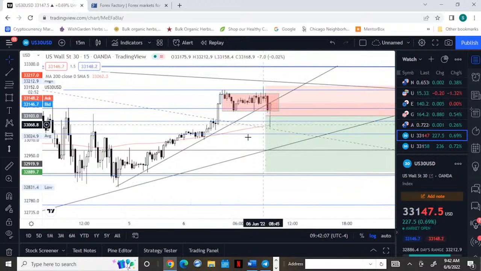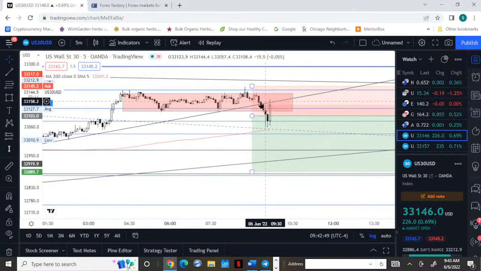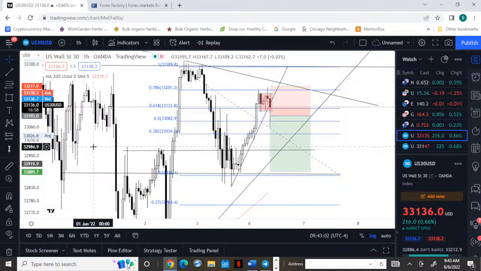Let's see what happens. 2 minutes until this candle closes. Looking like it's giving a better entry. Gonna keep rejecting. We got how many more minutes on this hour time frame? 16 more minutes before this hourly candle closes.